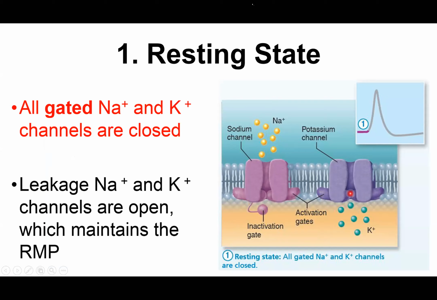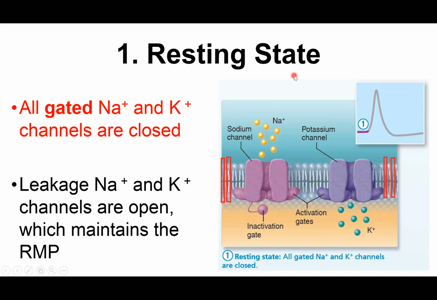We have some leakage channels present. So let's pretend here like we have some leakage channels present. So this is a leakage channel, and then maybe we have a leakage channel over here, which is fine. So some potassium and sodium movement is occurring, but for the most part, we're maintaining our stable resting membrane potential during this resting state.